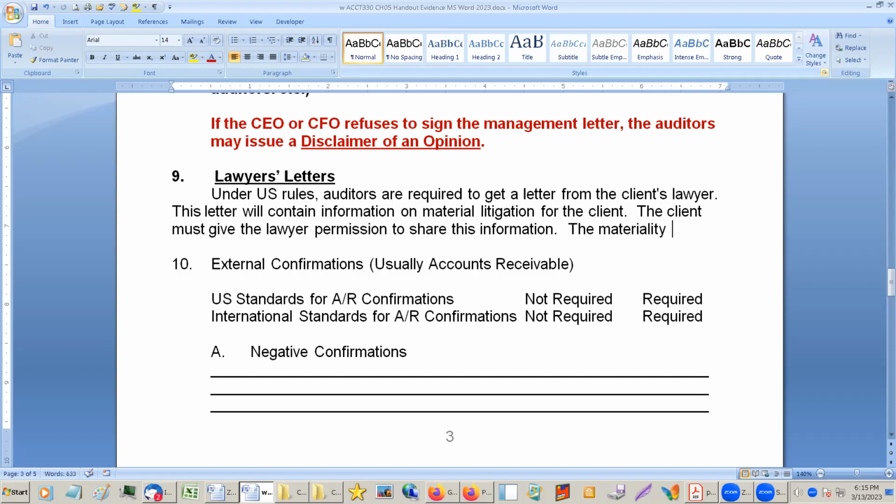Materiality for the letter, I should say.